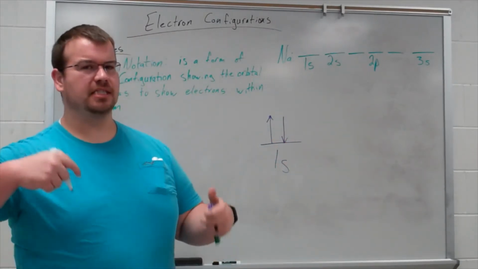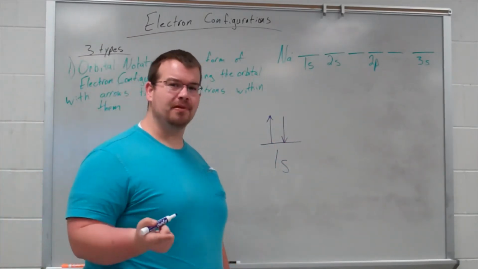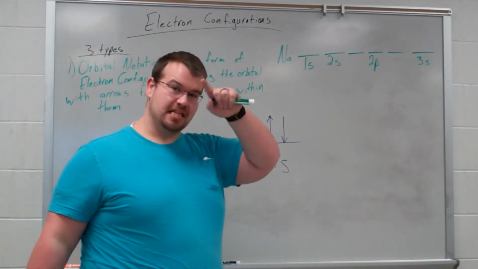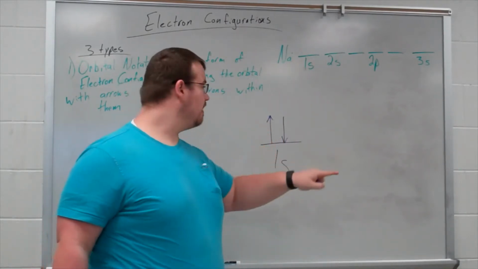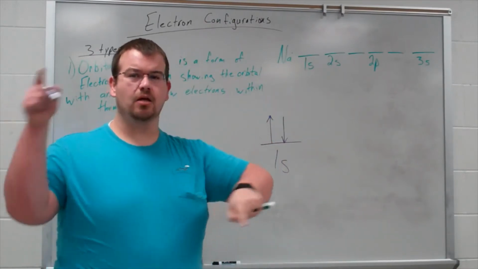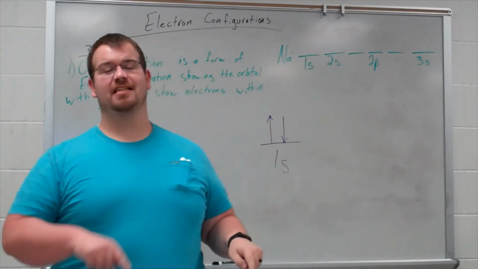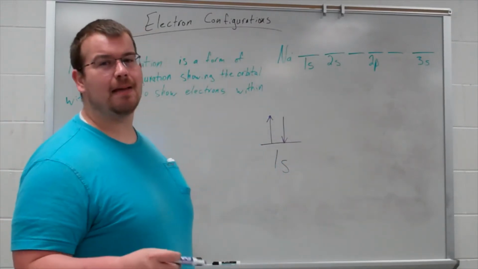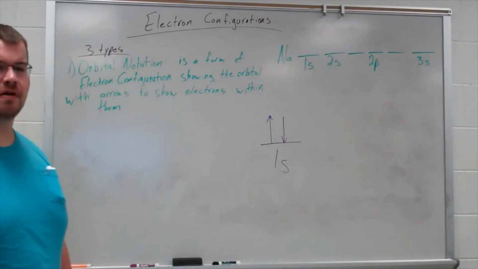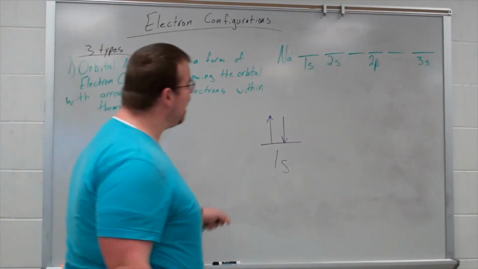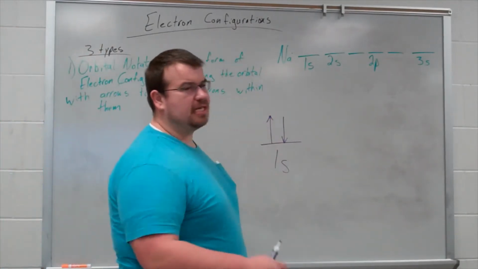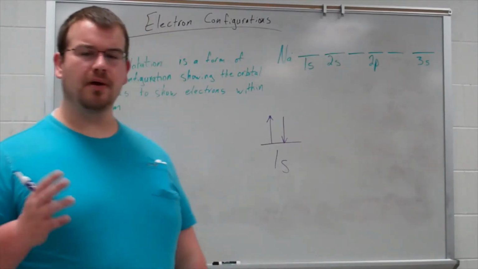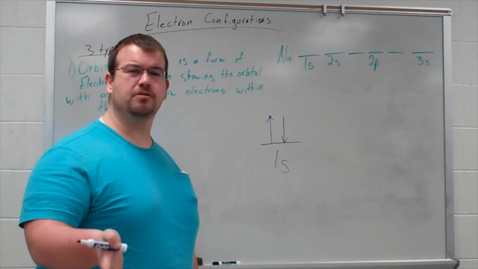You technically can't, but then what happens is this electron spins this way, clockwise, and this other electron will spin counterclockwise. What this does is the spin of that electrical force creates a magnetic attractive force between the two, which allows them to stay in here because it overcomes the same charge repulsive force. I know it's a lot there, that's why we're putting it in a video so you can watch it again.